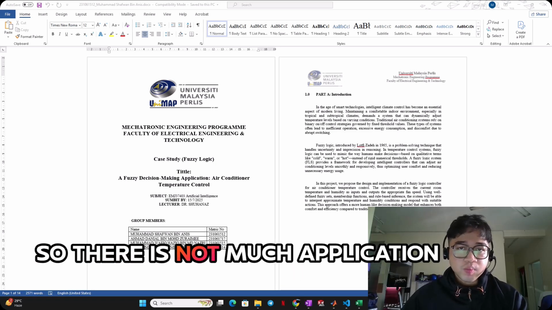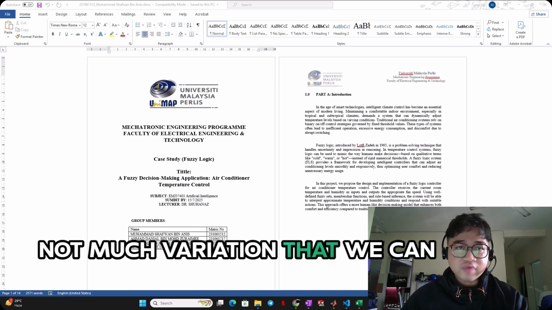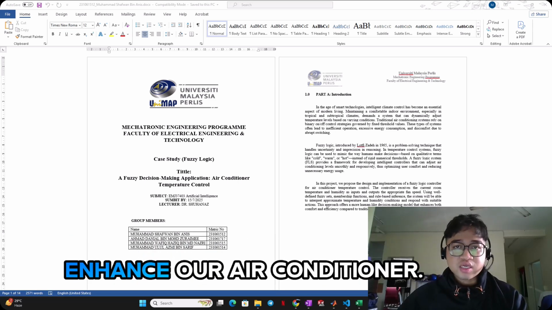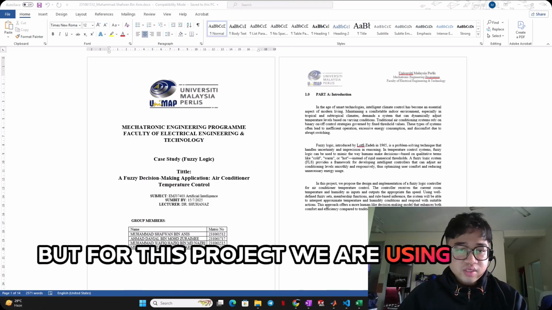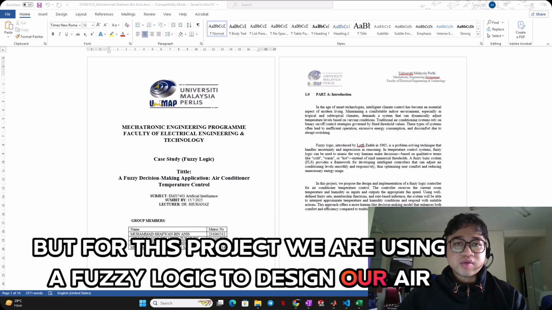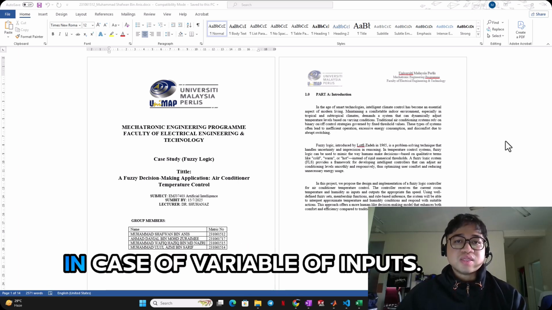So there is not much variation that we can use to enhance our air conditioner. But for this project we are using fuzzy logic to design our air conditioner, so we can have a variable speed in response to variable inputs.